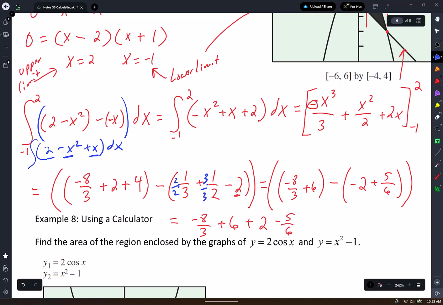I look at that 8 thirds. I'm just going to double it. Times 2 times 2. What's 8 times 2? So -16 over 6. Okay, so now we're ready, guys. So 6 plus 2 is 8. 16 and 5. 16, 17, 18, 19, 20, 21. Minus 21 over 6. Does 6 go into 21? It does not.